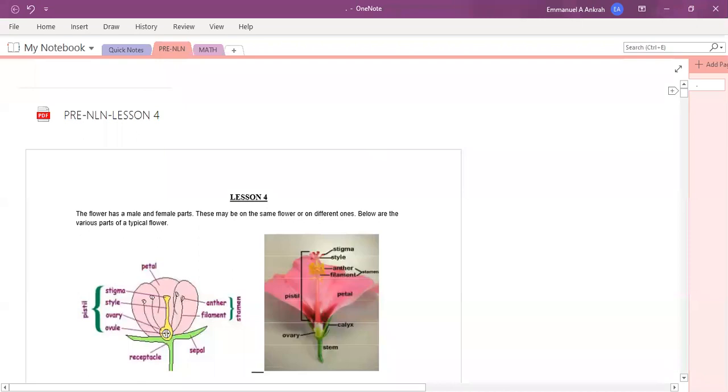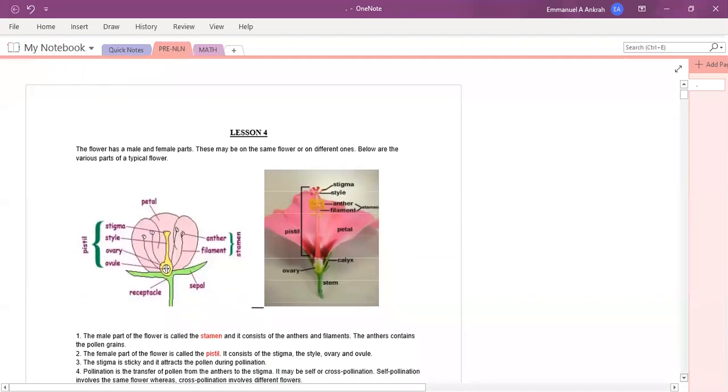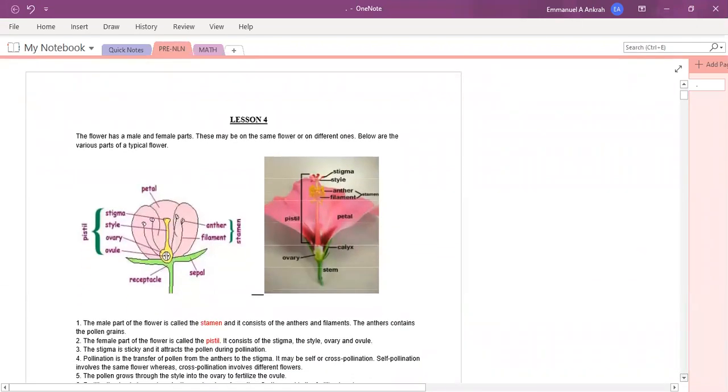All right, so let's go through the flower. Usually the flower I like to use is the hibiscus flower, because that one has all the different parts that we want to talk about. We have to note that the flower has both male and female parts.